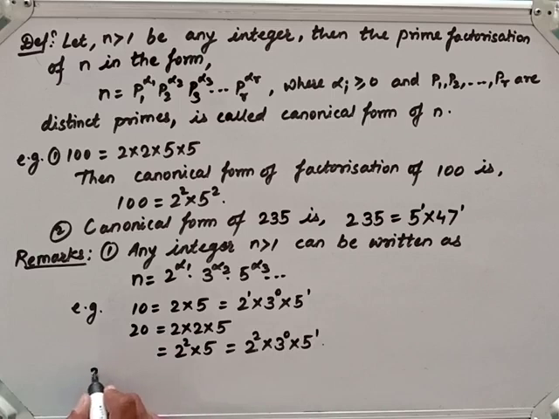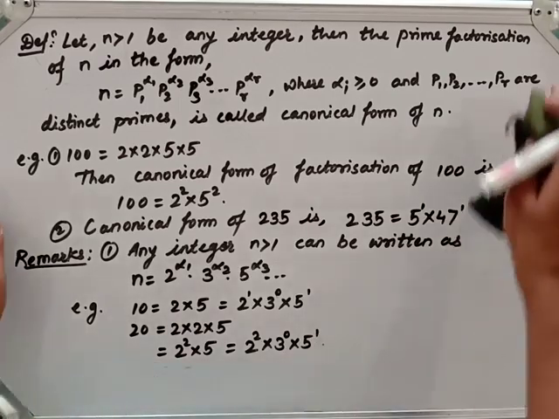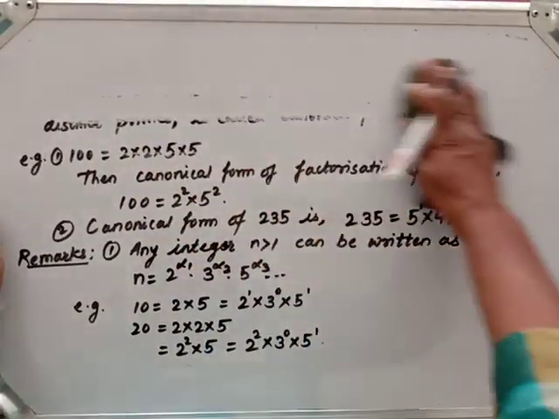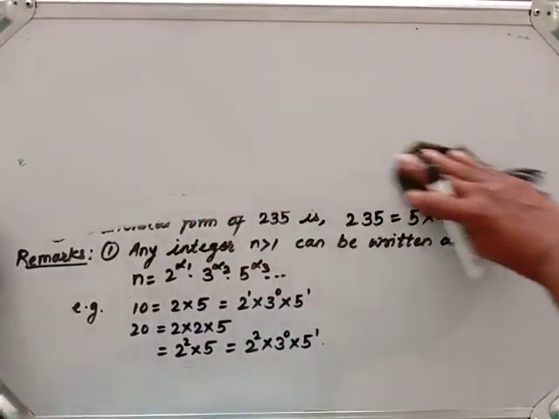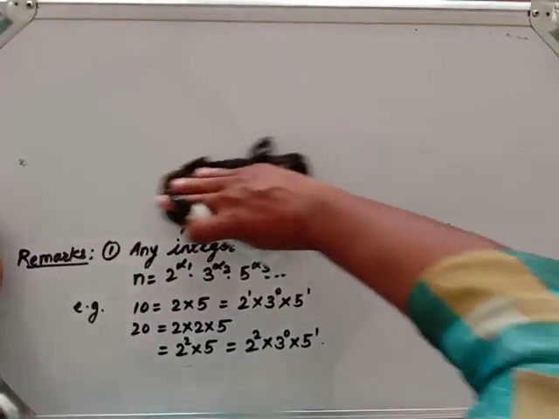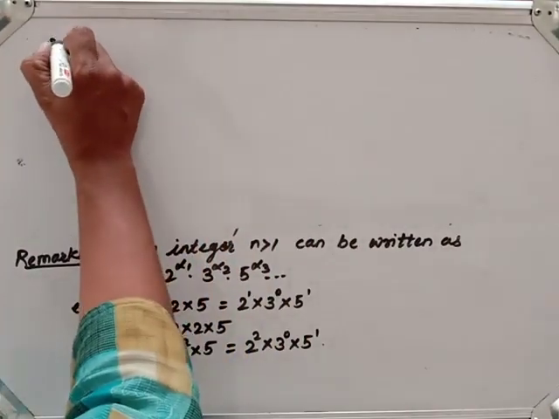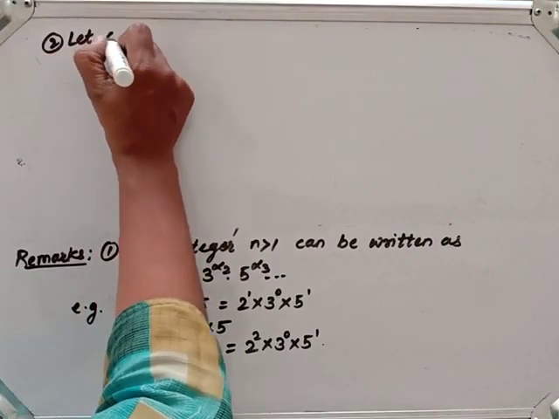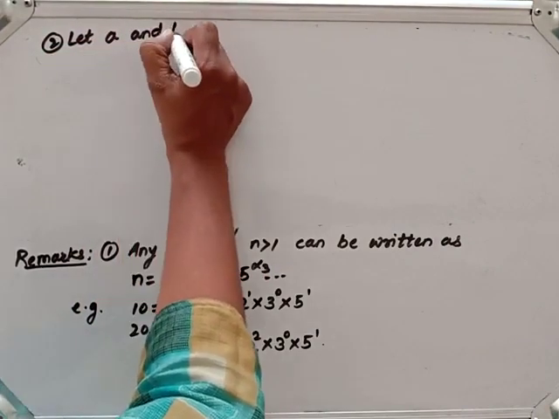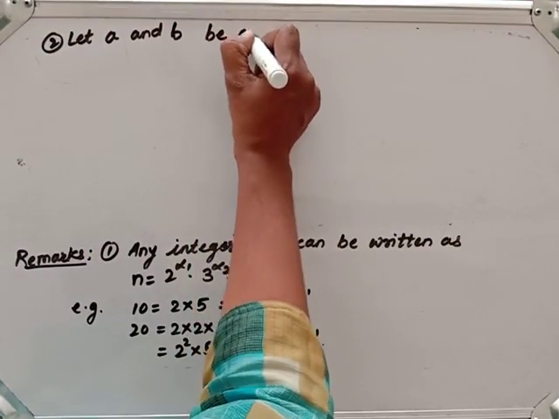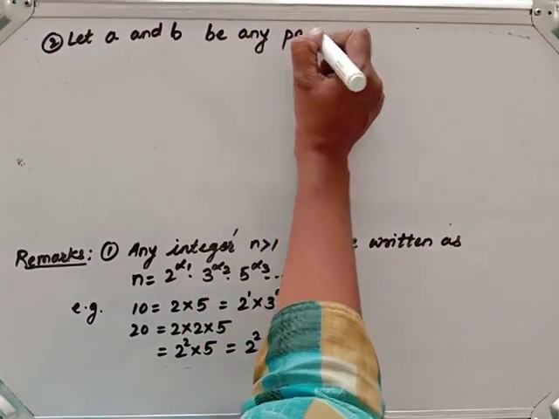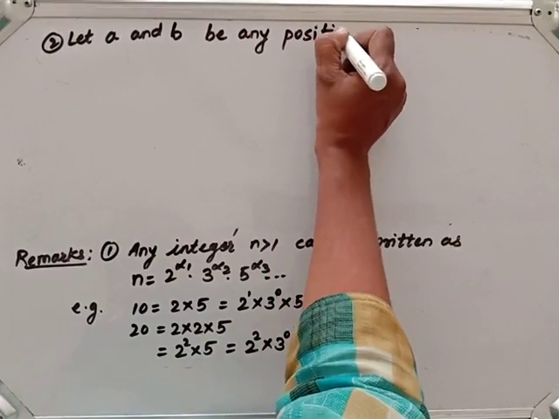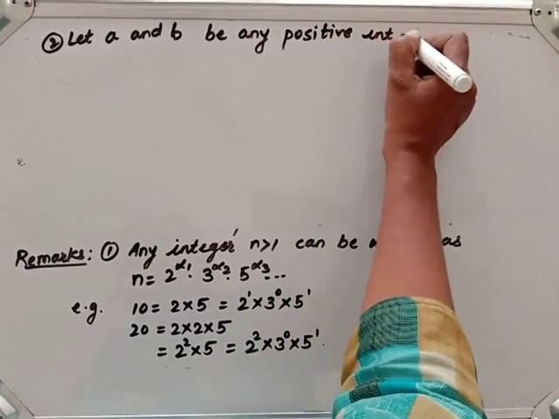Now the second note is that, let A and B be any positive integers.